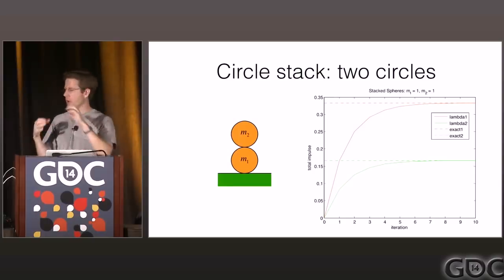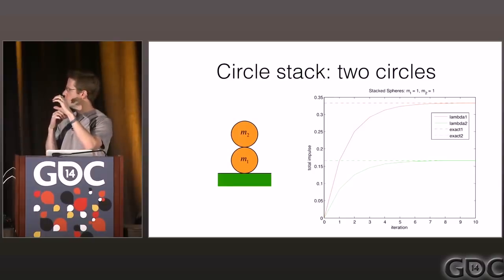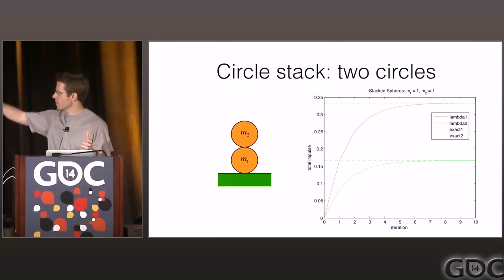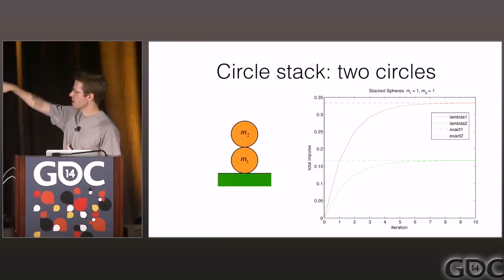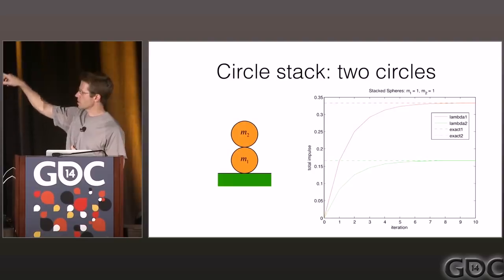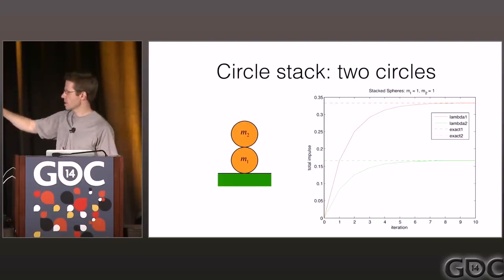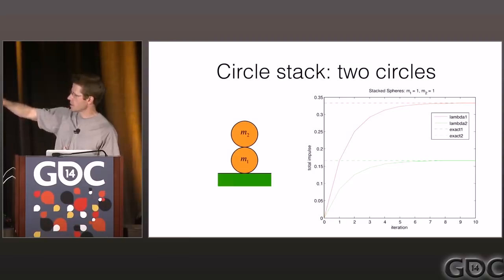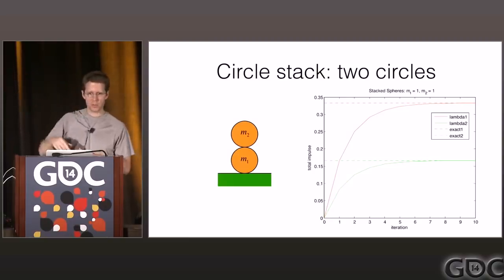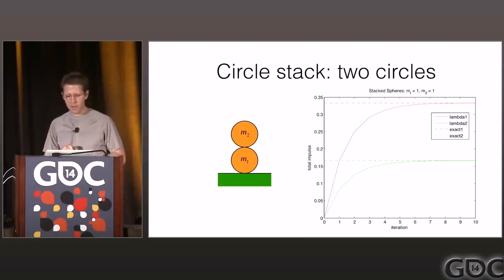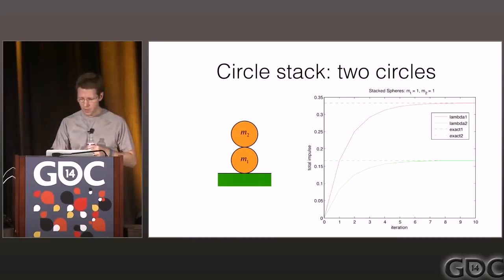In the case of two circles, the graph shows dashed lines, which are the exact answer, and the curves are the contact impulses as I iterate. The x-axis is the iteration, and the y-axis is the total impulse applied. After about 5 iterations, I get 95% accuracy. That's not bad.